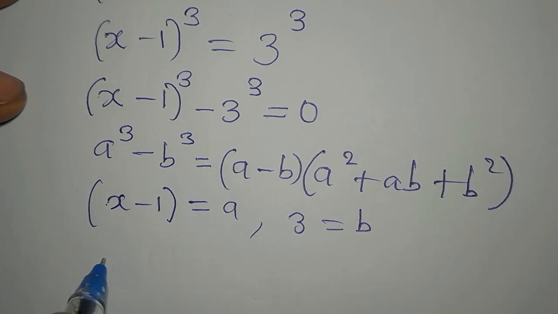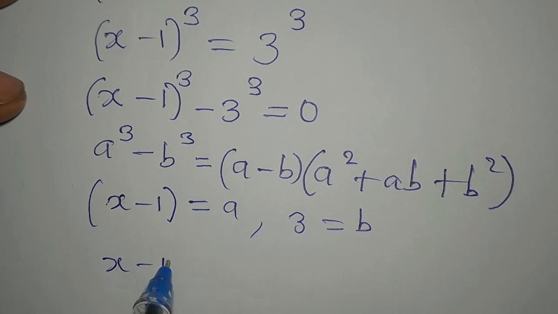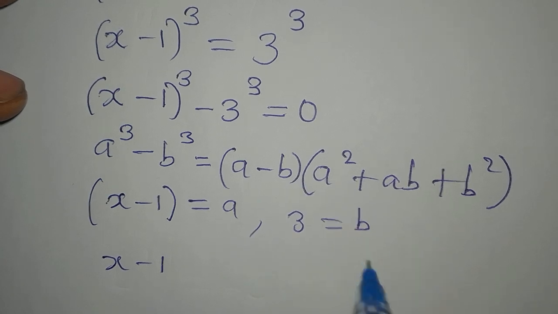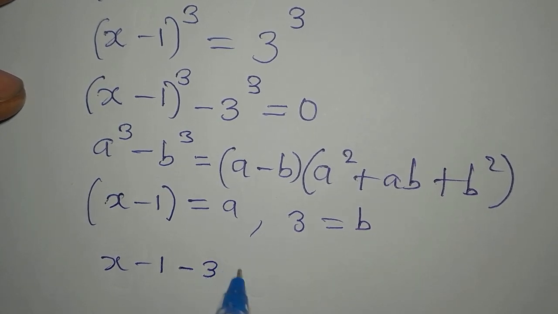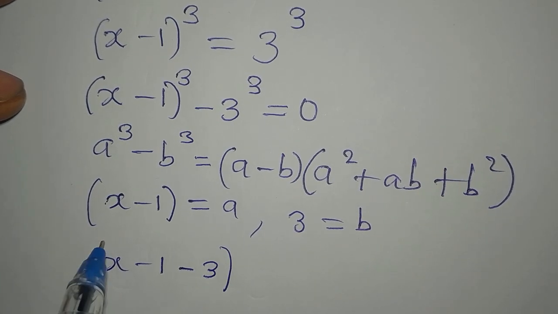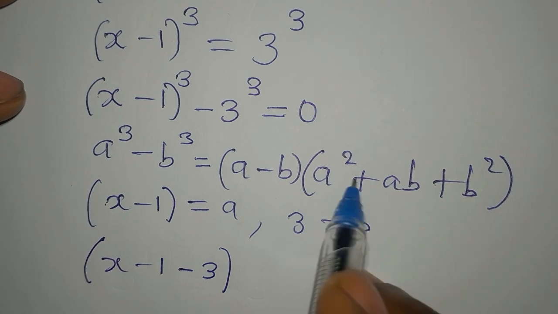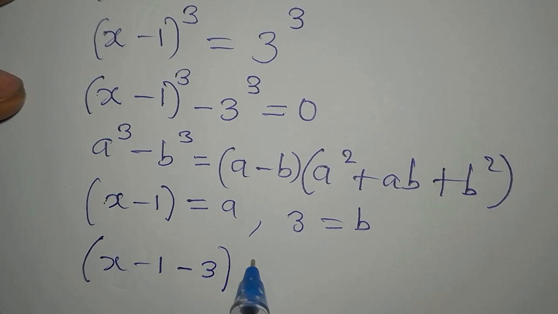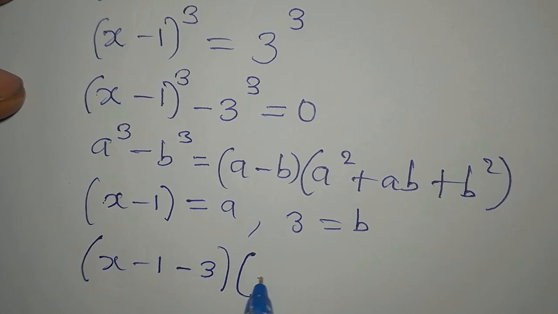So let us substitute into this. a − b becomes x − 1, then minus b, which will now be minus 3 in the first bracket. Then in the second bracket, we have a squared.